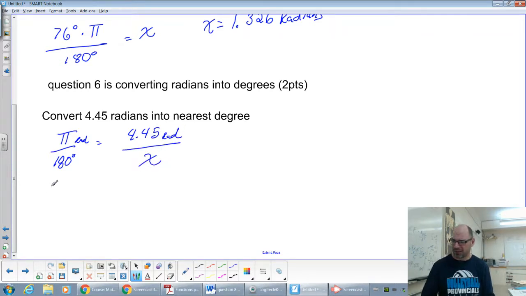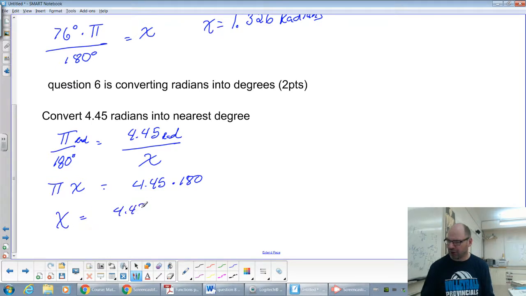So I got pi x equals 4.45 times 180. Okay, so divide both sides by pi. So x equals 4.45 times 180 over pi.